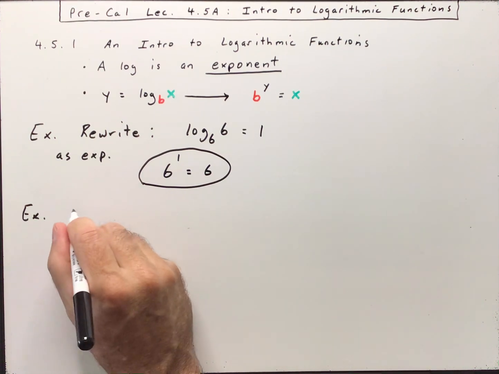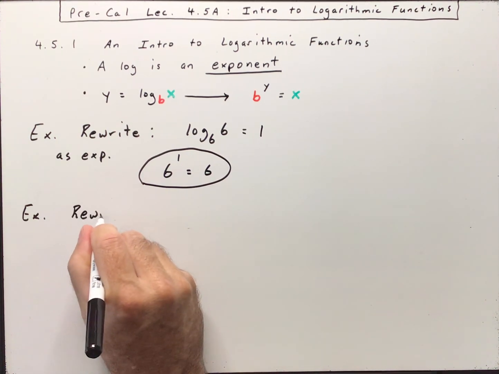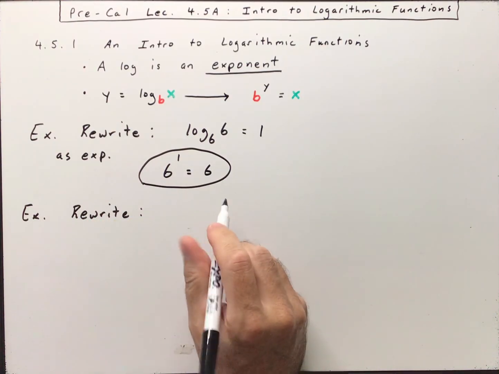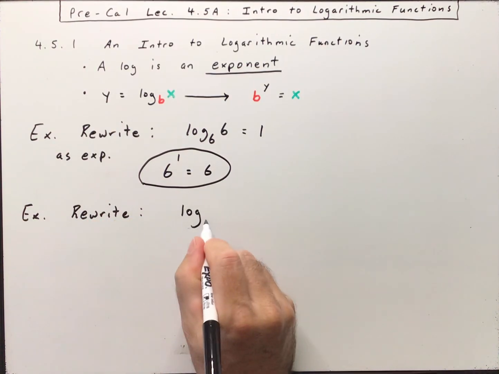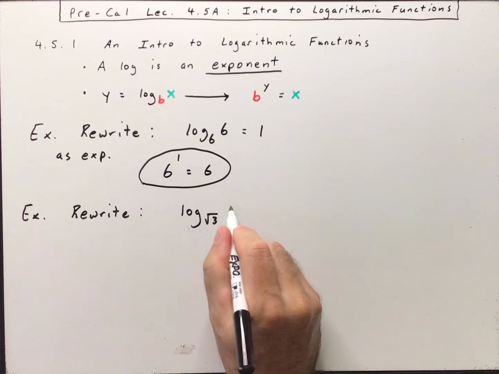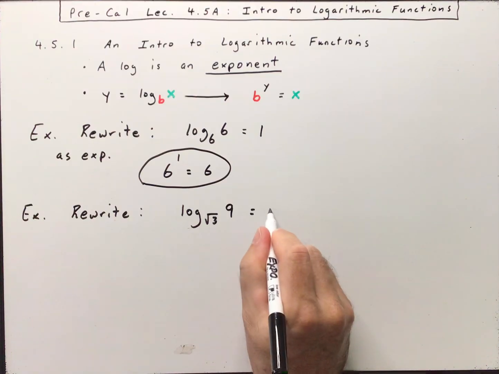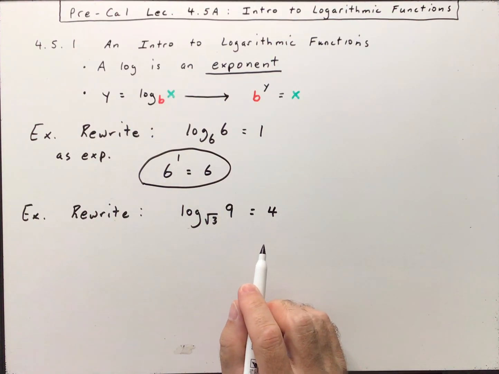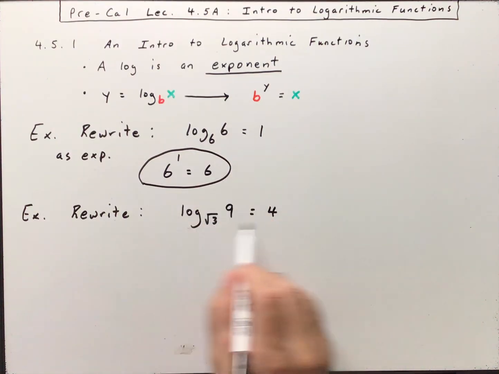All right, next we got 2 more to rewrite. And we've got log to the base root 3 of 9 equals 4. So this time we're rewriting as an exponential statement because it's a log statement.